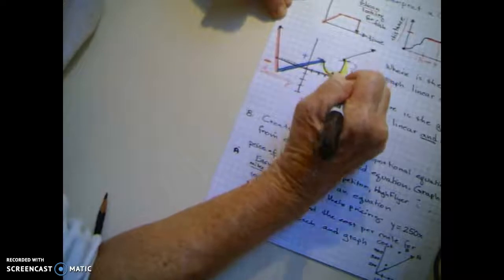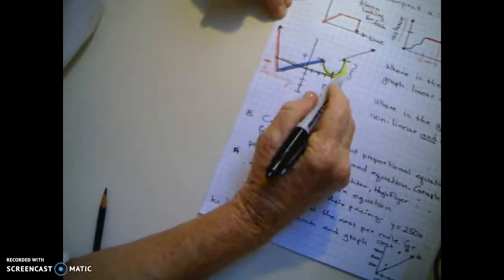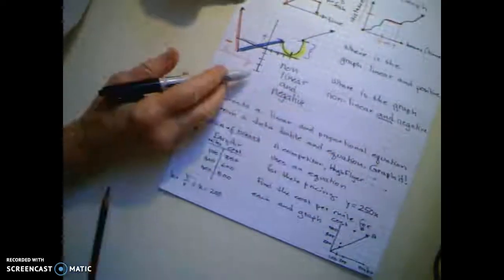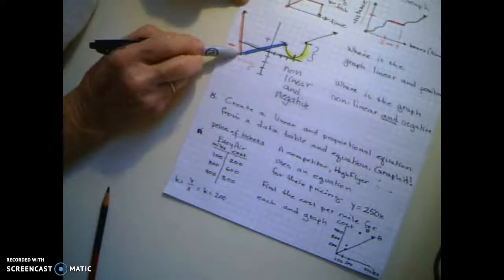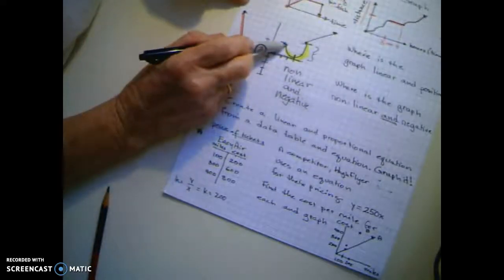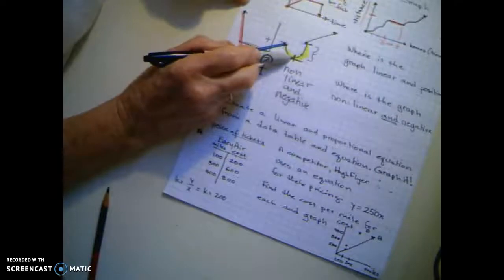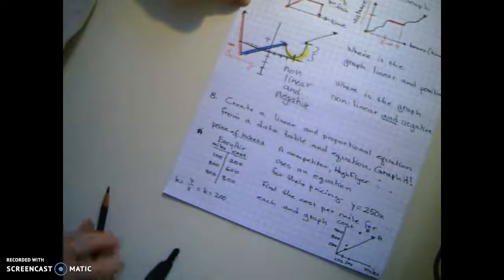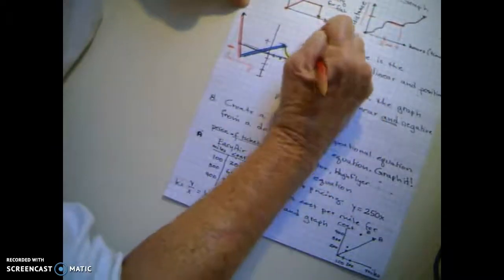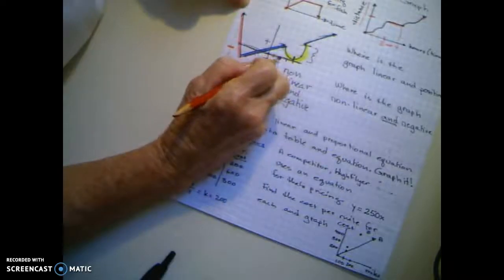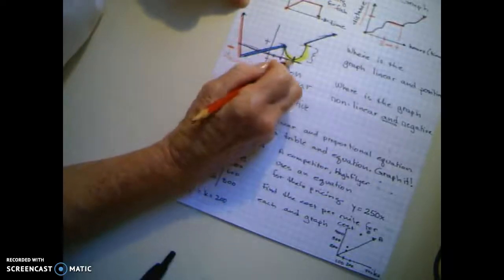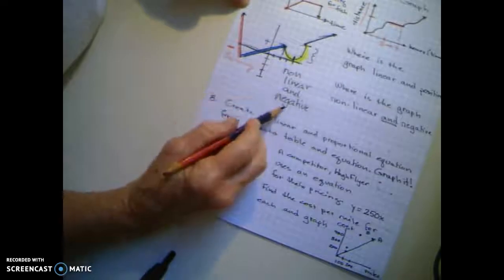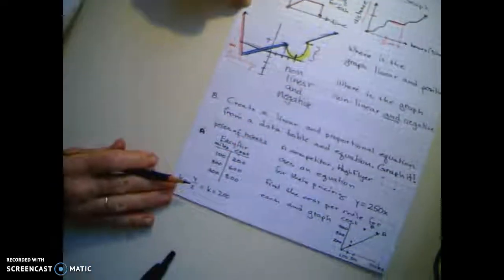From this point, it is increasing but nonlinear. So you can see on this graph, I have decreasing linear, increasing linear. The first portion of the yellow is nonlinear decreasing, nonlinear increasing, and then once again, this last piece of my graph is also linear, but it is decreasing. So I would need to know someplace between here and here, my graph is nonlinear and negative.